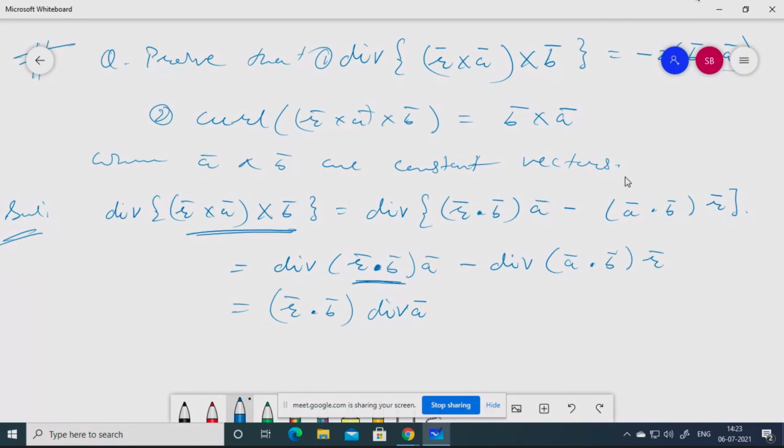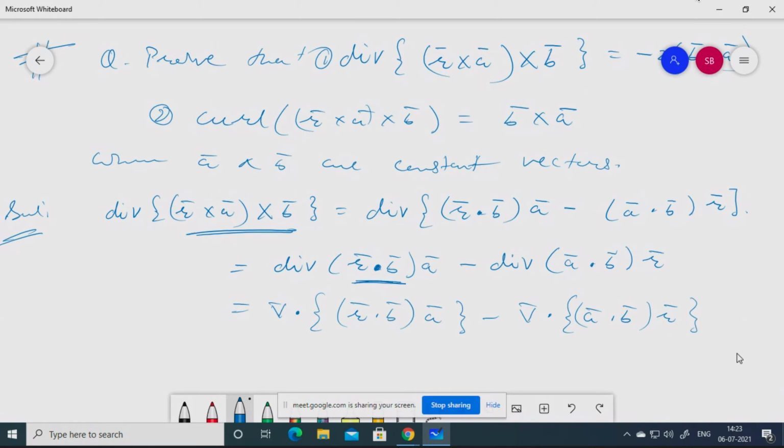Okay. Or better, rather than doing it like this, it is del dot, we are applying it on both functions. A bar minus del dot, this is A bar dot B bar, R bar.